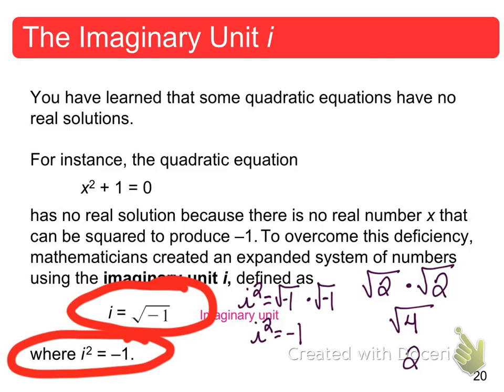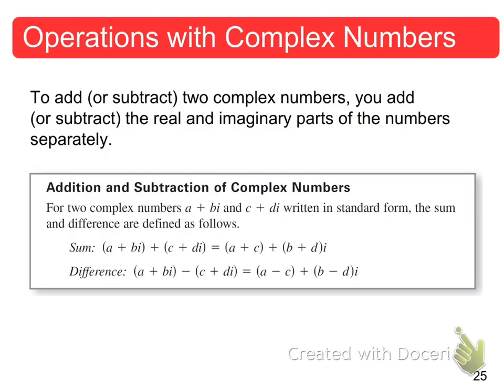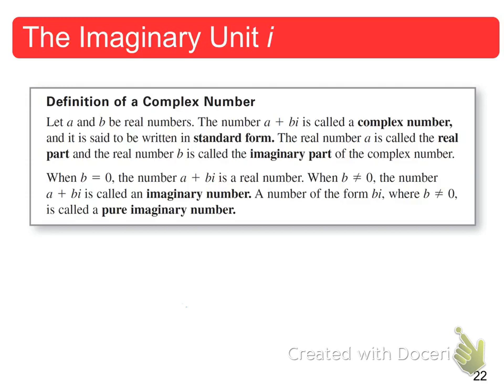Okay, can I move off the screen? Good? Okay. This is the definition of a complex number. Basically, what you need to know is that it has a real component and an imaginary component.